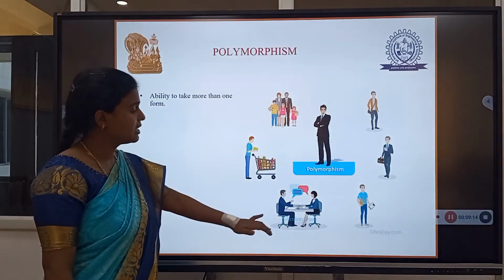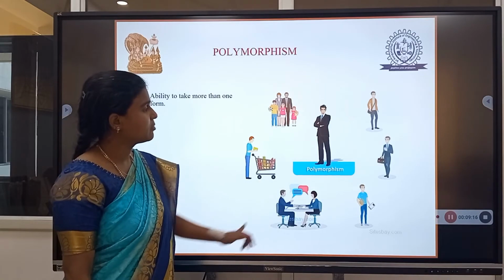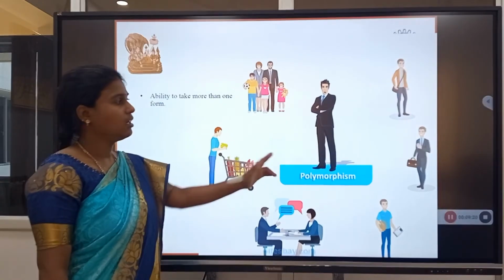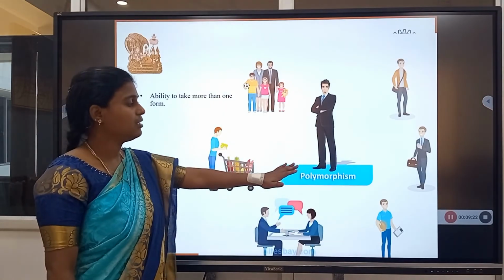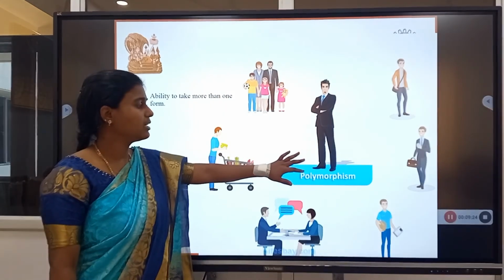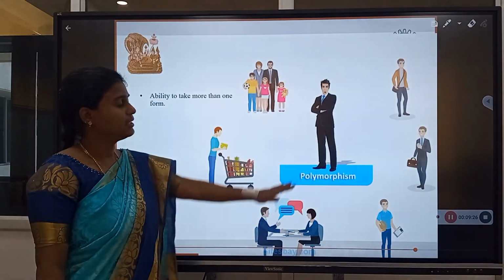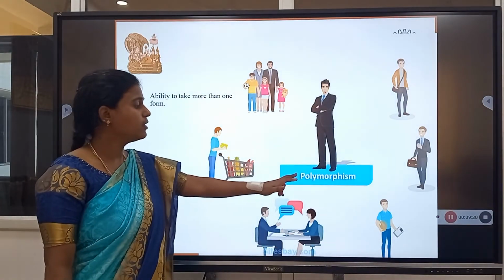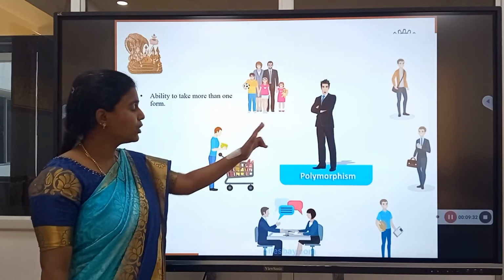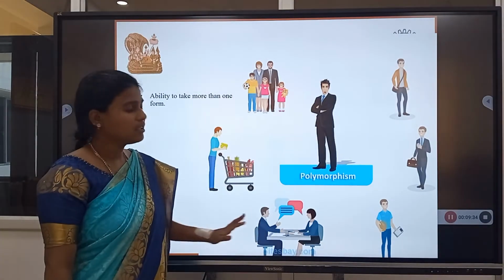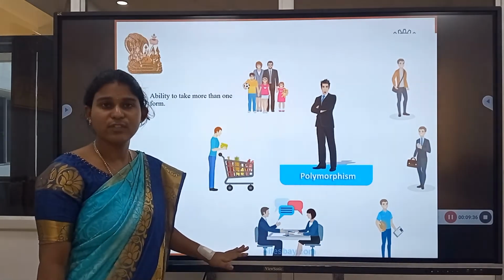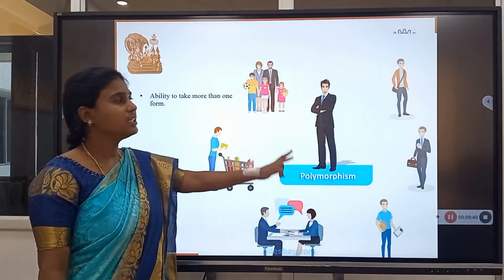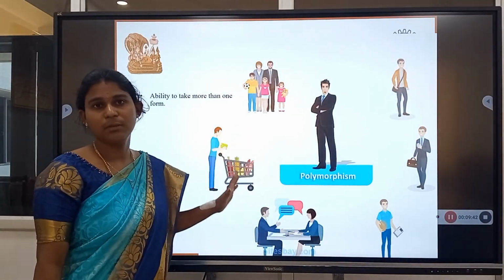Let's see the best real-time example. Like a person, I am a person, a man. The man can act in a separate form according to the situation. If the man is going to the office, he is an office person. If he is going to his family, he is acting as the dad of the family.